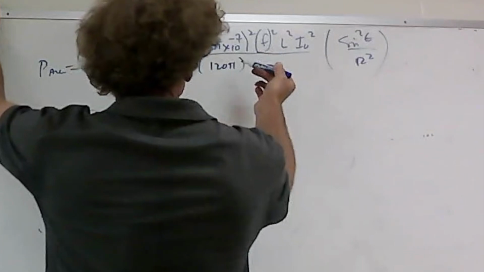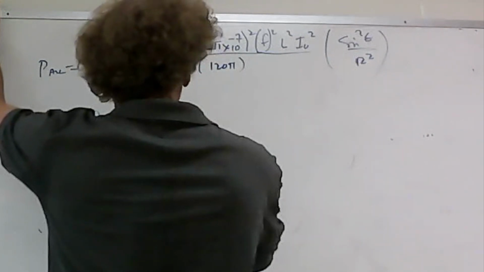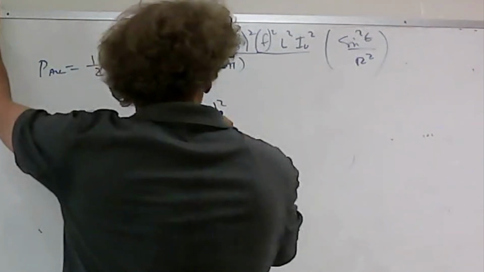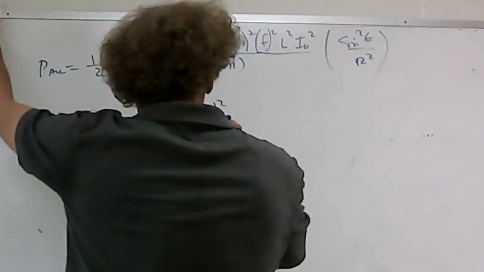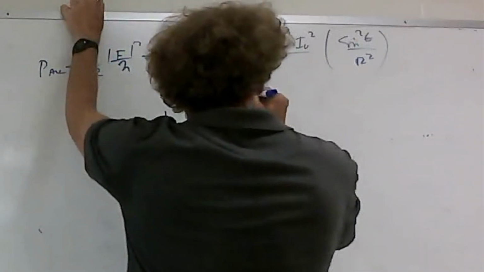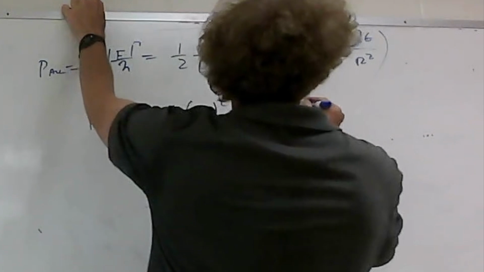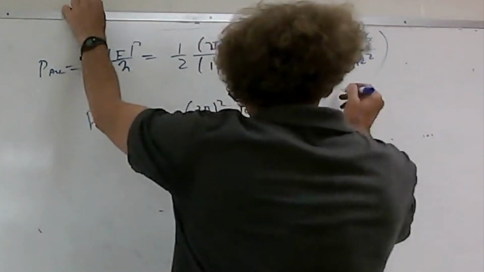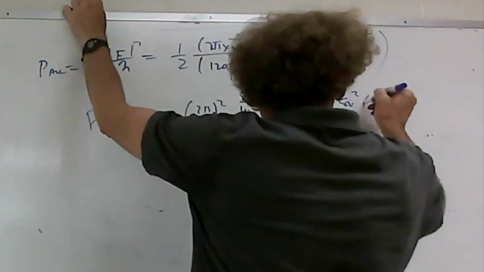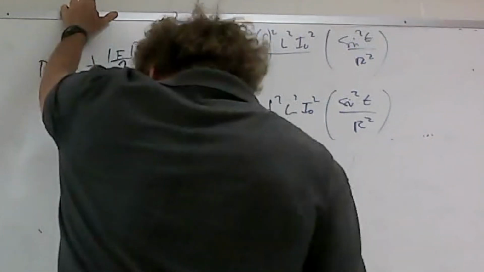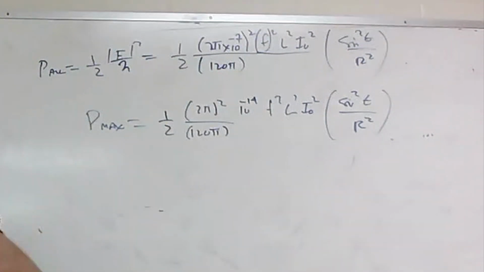So let's see what we got: 1/2, then 2 pi squared over 120 pi, 10 to the minus 7 squared is 10 to the minus 14, f squared, L squared, I naught squared, and then sine squared of theta over r squared. I think I lied. That's all right, you're going to make mistakes.